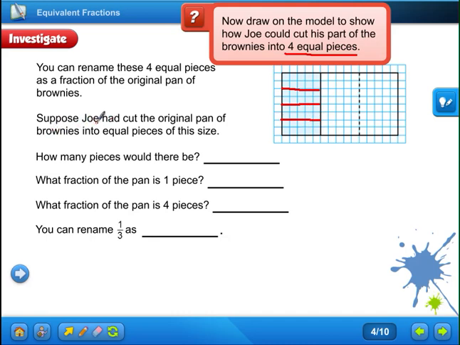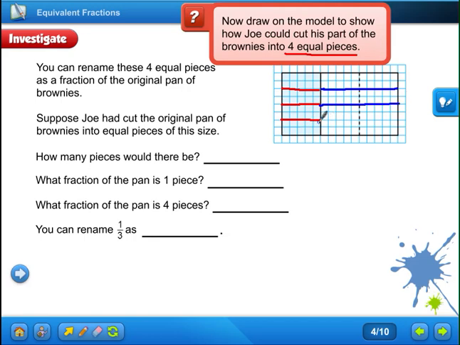Suppose Joe had cut the original pan of brownies into equal pieces of this size. So remember, just like the last one, what if he cut the whole thing? Let's change the color. So if he just cut the whole thing across like this, which he didn't, he just gave these pieces away, remember?